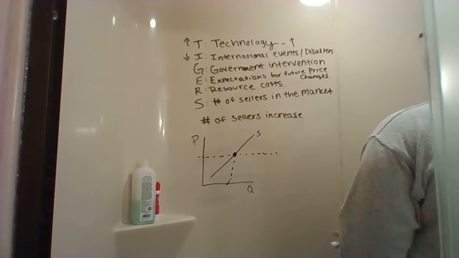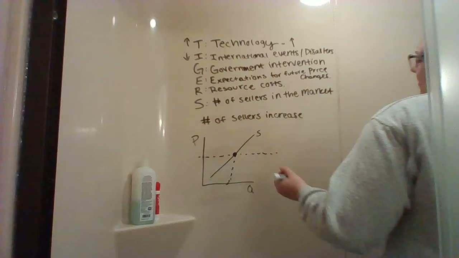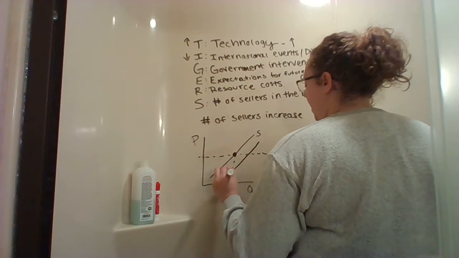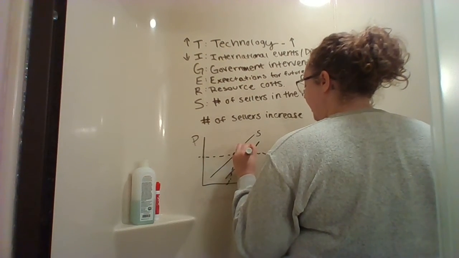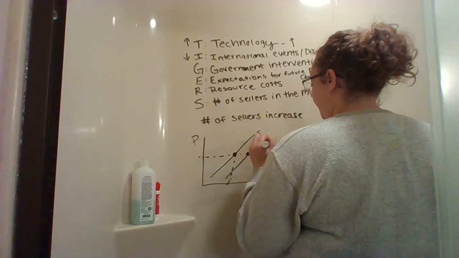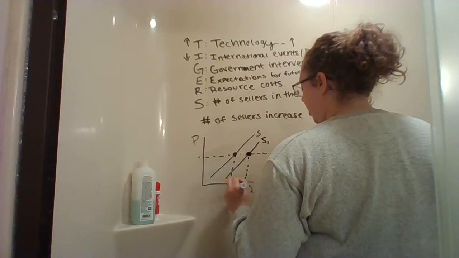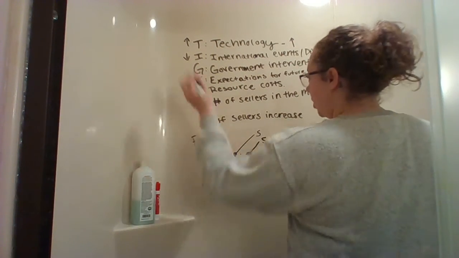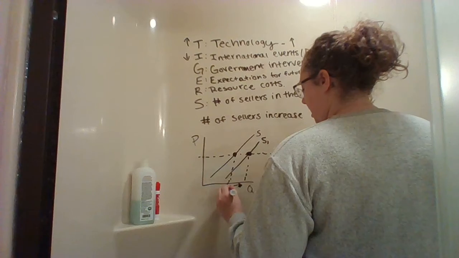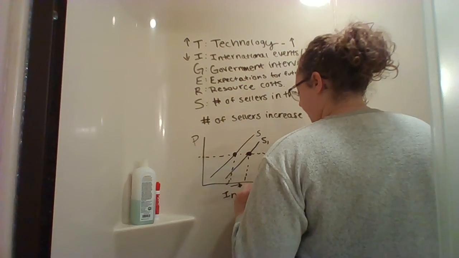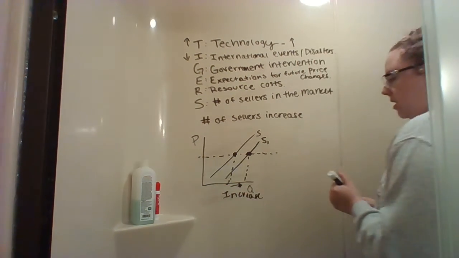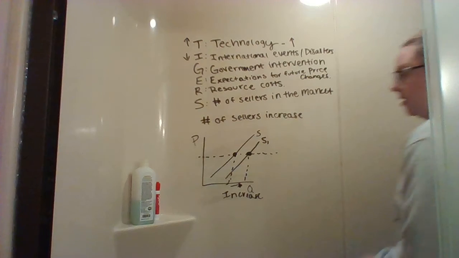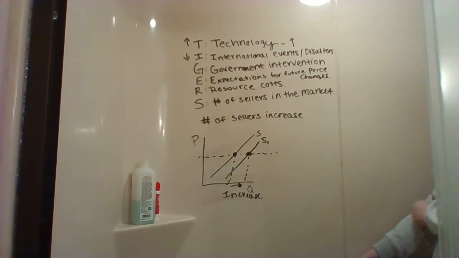The supply is going to increase because we have more people selling it. Price never changes. These are all at the same price. So if the sellers increase, supply is going to increase.